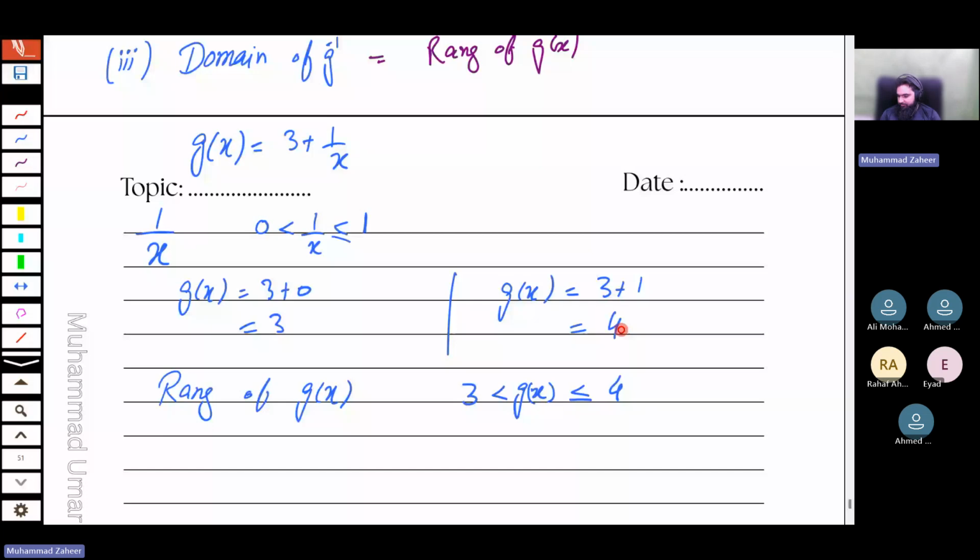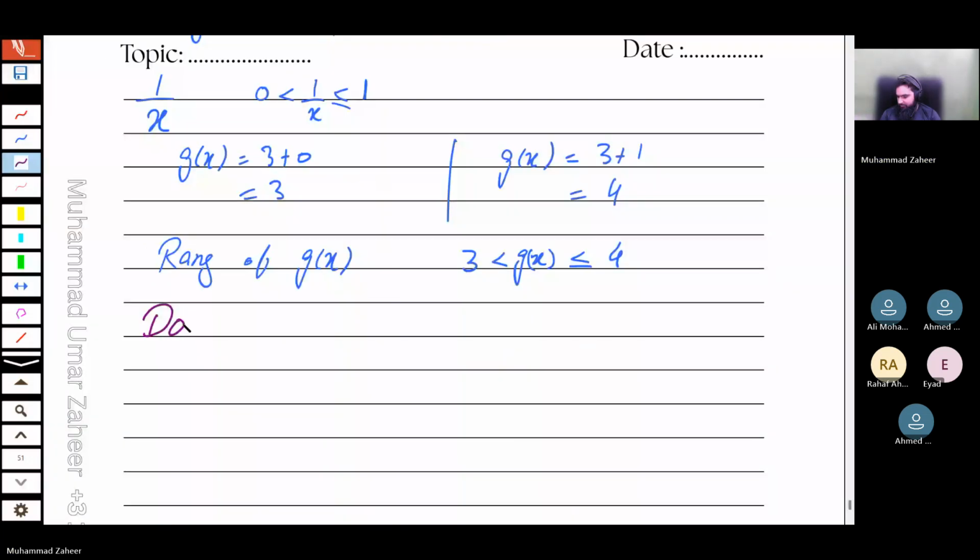The domain of the inverse function is the same as the range of g of x, so x is greater than 3 and less than or equal to 4.